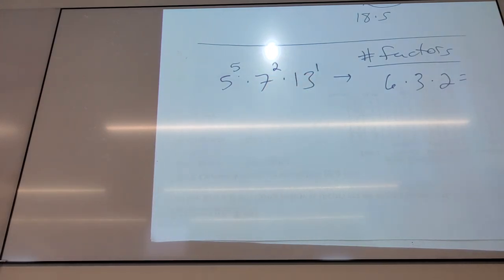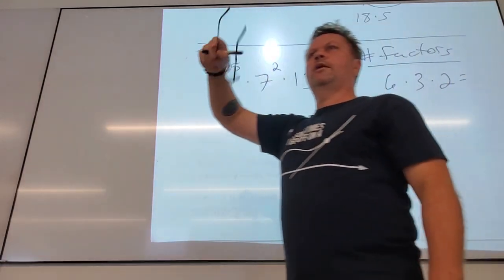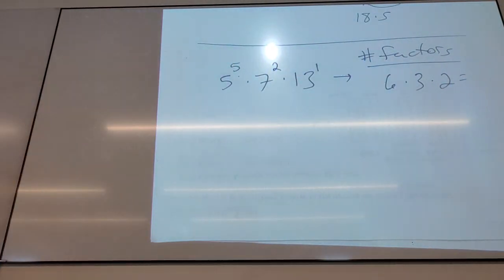Because again, now listen, I could have just said that, right? I could have just said, yeah, just add 1 and multiply. I have to show you the reason why. And really, the whole reason why is we also count not using any 5s. So I could use up to 5 5s, you agree? If I multiply 6 5s, I'm not going to get a factor of that number because it's got more 5s than it should. You guys agree? Like, if I try to make 8 and I use 4 2s, I'm going to make more than 8.